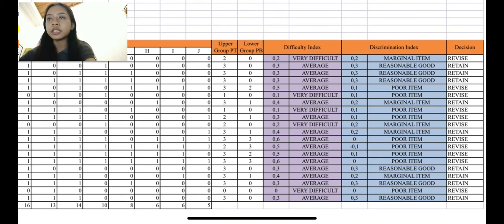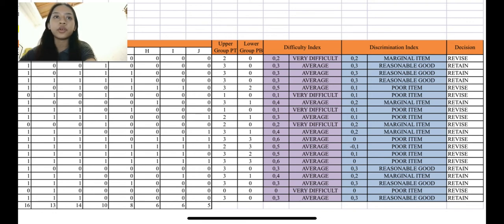The difficulty index is very difficult. Only one in the upper group can answer it correctly. And the discrimination index is included to be a poor item. So the decision we should do is to revise it.